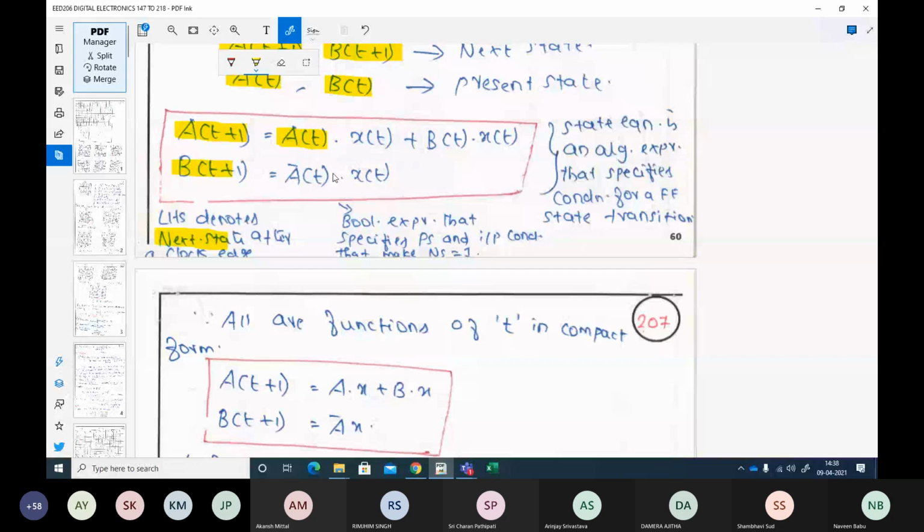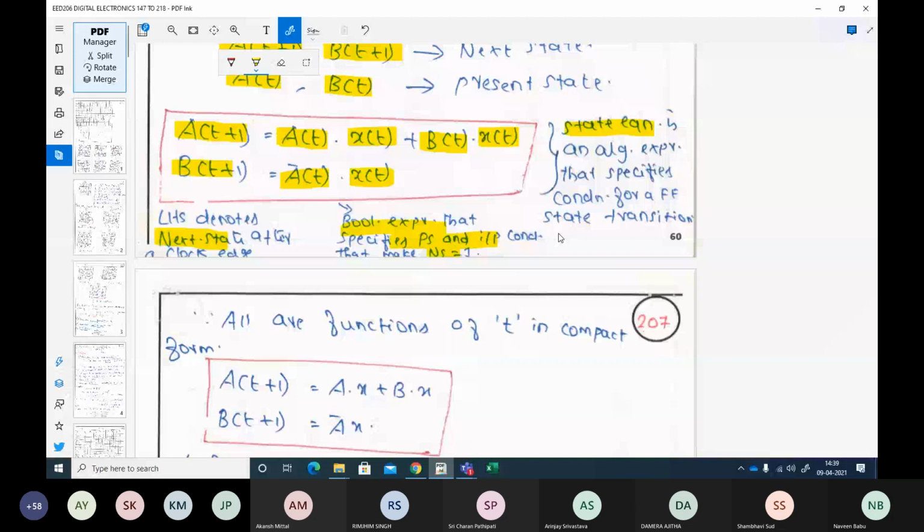At times you might have an input, at times you might not. This is the Boolean expression that specifies your present state and your next state, and this combination is called the state equation.